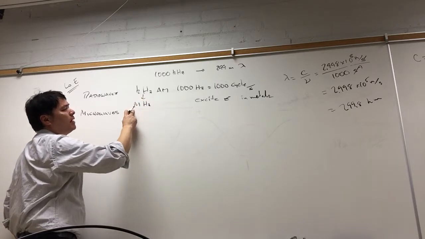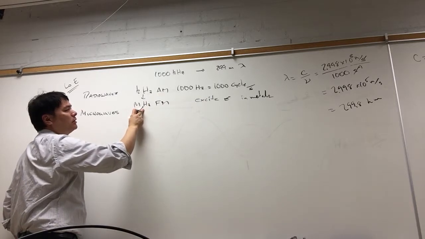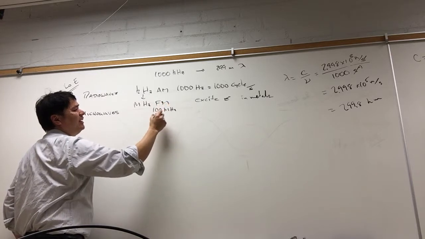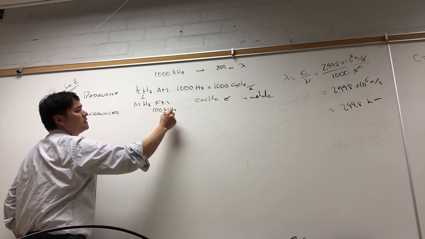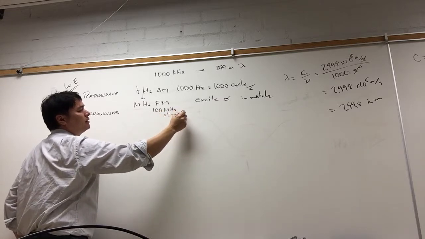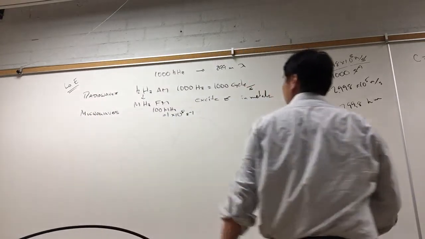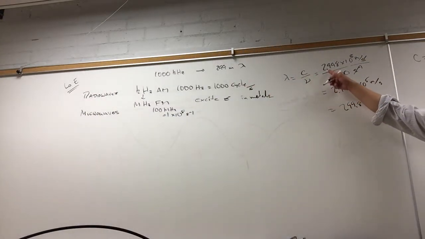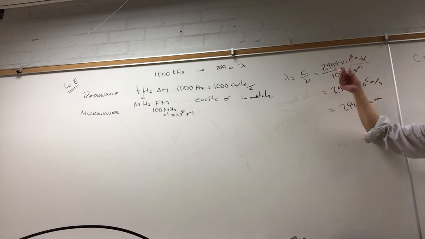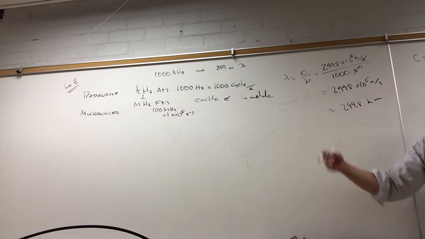And so FM would be, let's say, 100 megahertz, which is 10 to the 8 seconds to the minus 1. So FM radio would have a wavelength of about 3 meters if it's at 100 megahertz.